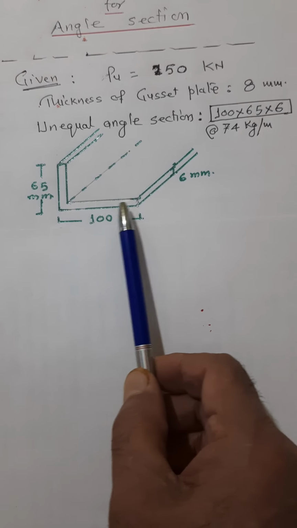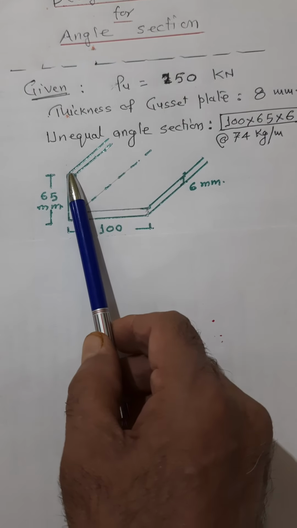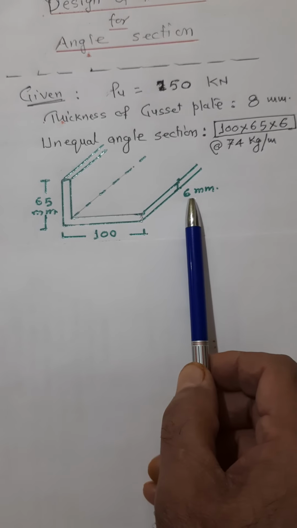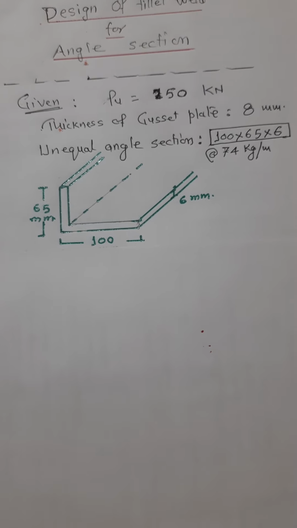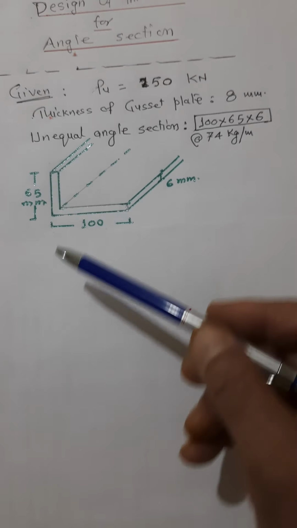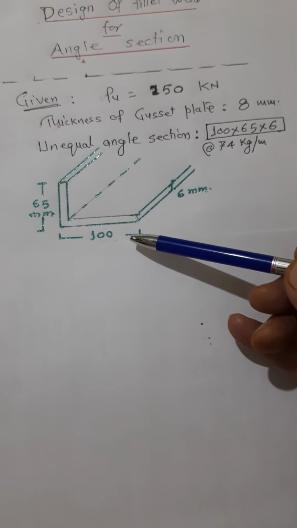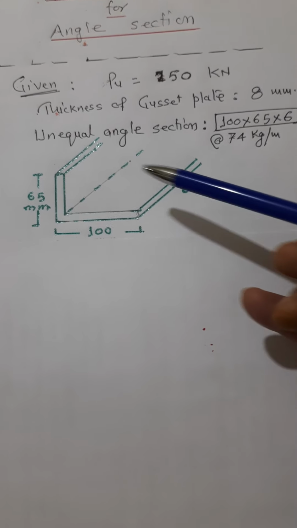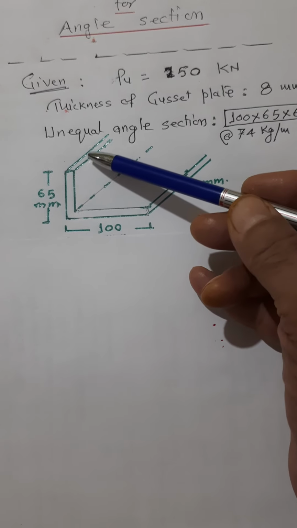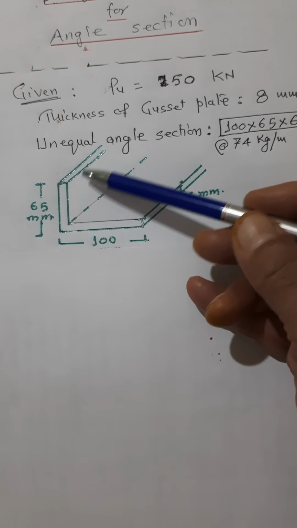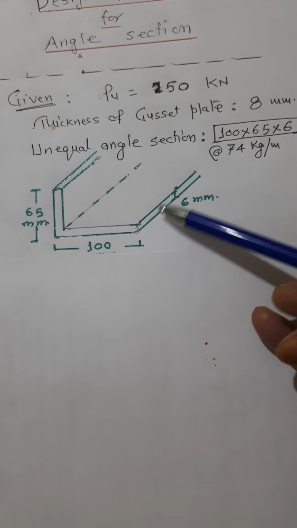This is the length, this is the other leg, and this is the thickness of the angle, 6 mm. I have placed this angle in such a manner. Now we have to design this welding portion. We have to weld along this direction as well as along this direction.